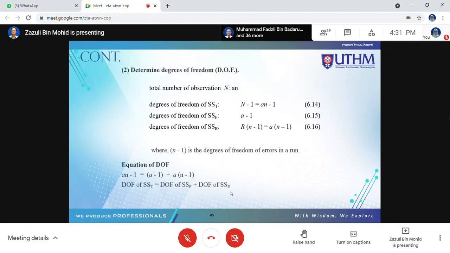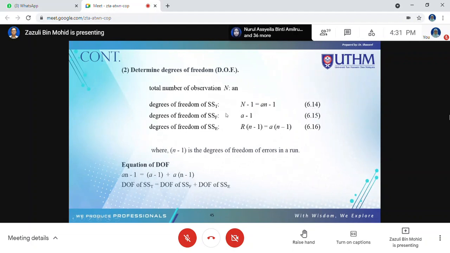The next one is the calculation whereby we involve the number of degrees of freedom, DOF. The total number of observations, as shown in the previous slide at the beginning of subchapter 6.2, the large N here is equal to small a times small n, and the degree of freedom of SST is as in equation 6.14.